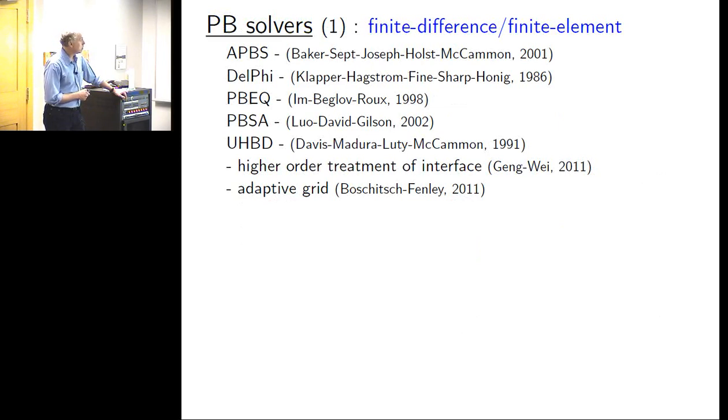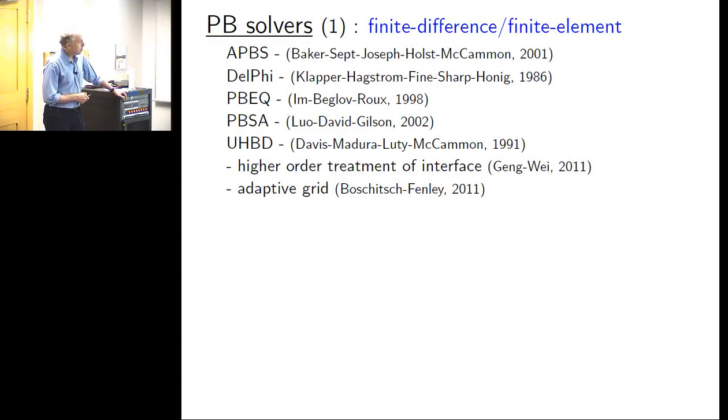These are some of the well-known software tools, the Poisson-Boltzmann solvers that are out there, which are heavily used. These codes all provide good answers, but there still is a need to improve the accuracy and the efficiency, always.